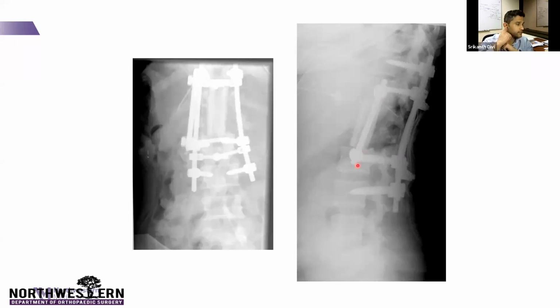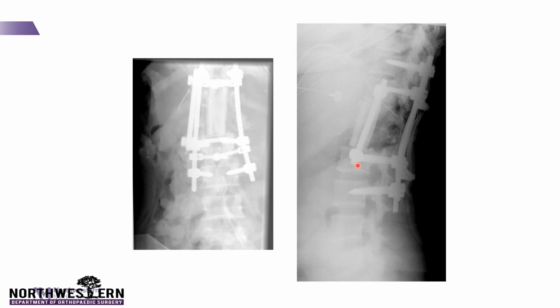Other things you can use when you're going in through the thoracic spine, Eric, what else do you think you can use? I know they have the cages, but outside of a fibular graft, yeah. Fibular allograft.